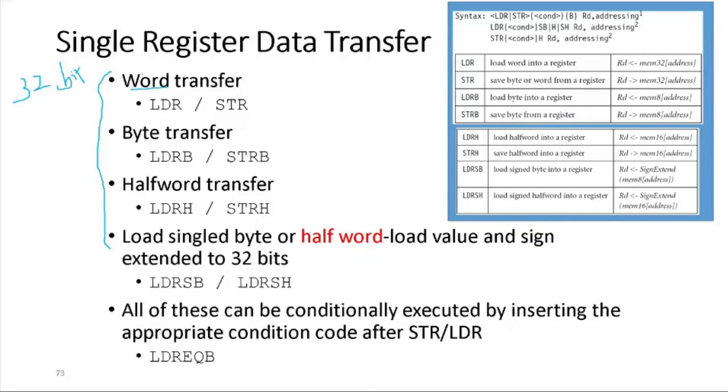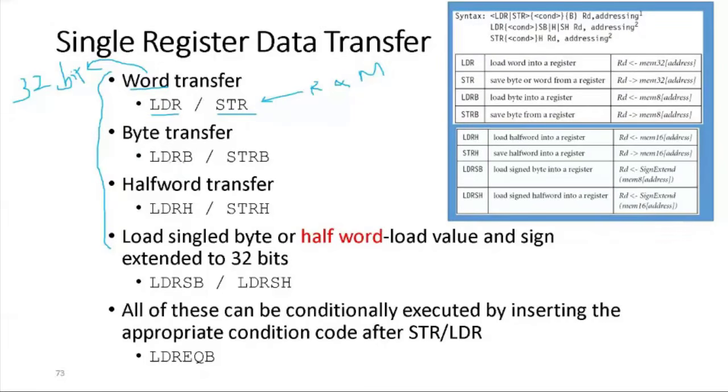So if you want to transfer or copy, means move the data from one register to another register, you need to use this LDR. It's load register, and these two are used to copy between the memory and register. Okay. So load register and store register are the two instructions which we are using here.